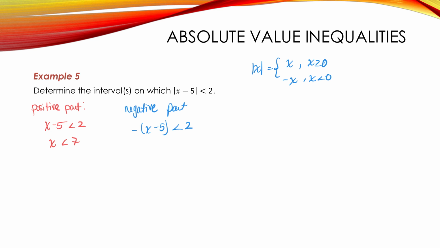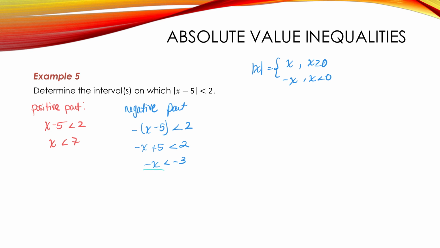Okay, so if this is the case, we get negative x plus 5 is now less than 2. And we subtract 5 from both sides. Negative x is less than negative 3. Now when we divide by negative 1, though, something interesting is going to happen because now we have to switch our signs.